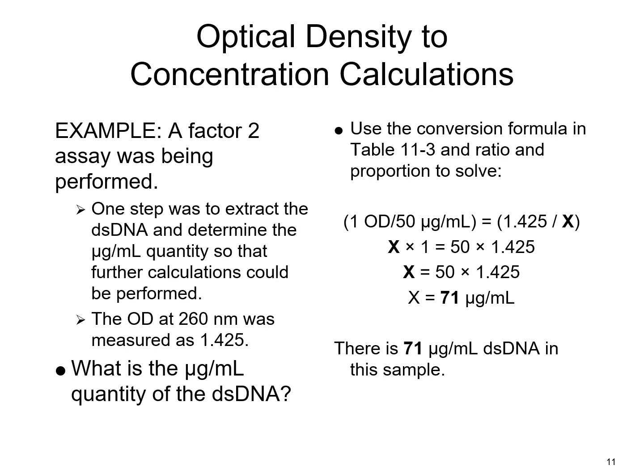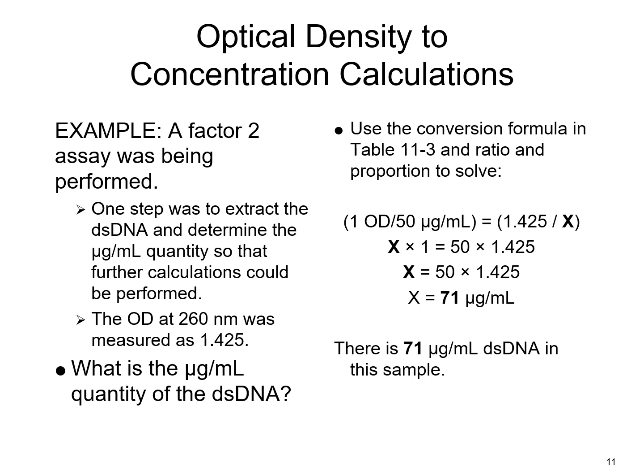If we know that one optical density unit is equivalent to 50 micrograms of double-stranded DNA when read at 260 nanometers, then we can plug in that when we read our unknown sample and get an optical density of 1.425, so that we can determine what that is equivalent to per ml. When we plug those numbers in and work out the equation, we come to a final figure of 71 micrograms per ml.